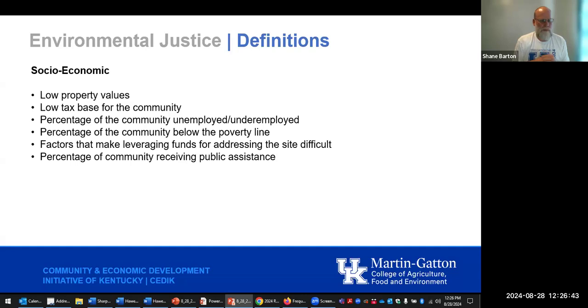So percentages of your community under the poverty line, how you may find leveraging funds in your community difficult, or public assistance. Those are a number of socioeconomic indicators that you could seek out to help justify that socioeconomic piece.